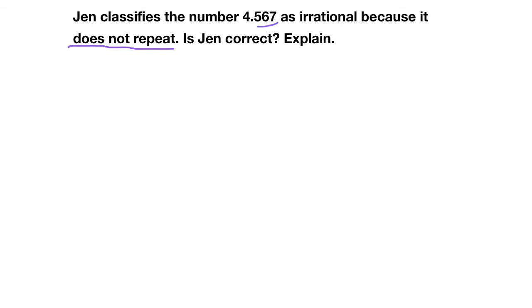And this decimal number is a terminating decimal. So Jen is incorrect. Also, if we read it properly, 4 and 567 thousandths, we can see that it can also be written as a fraction. And that is a main characteristic of a rational number. So Jen, you are wrong.